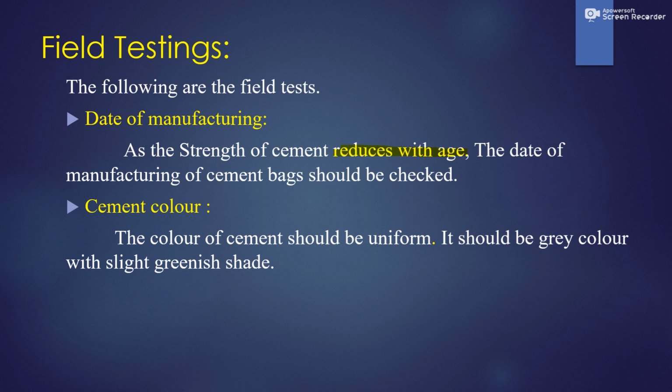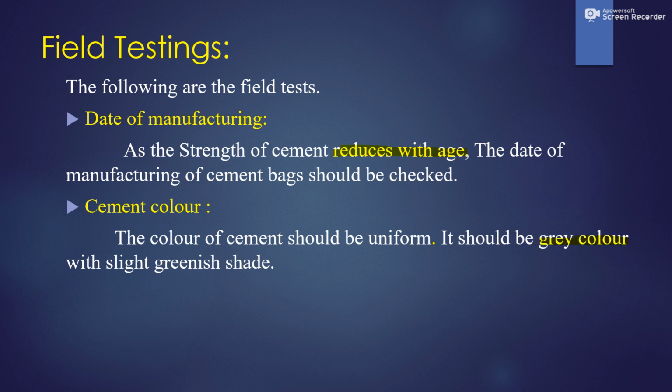So next is cement color. The color of cement should be uniform. Before opening the cement bag, you need to check the date of manufacturing. After opening, you need to check the uniformity of the color and how the color is. The color of cement should be uniform, it should be equal, and it should be grey with a slight greenish shade.